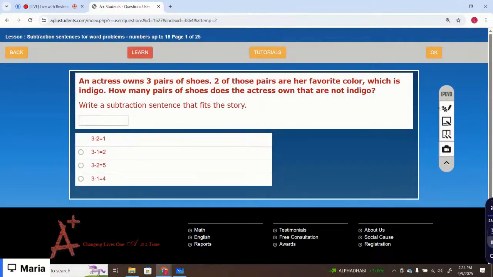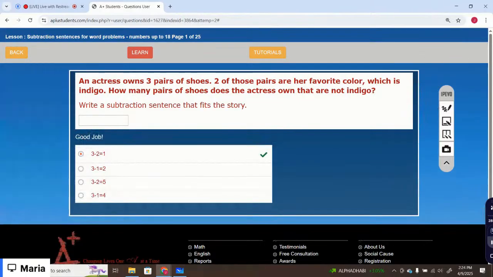So that is 3 take away 2 equals 1. Option number 1 is the correct option. 3 minus 2 equals 1.